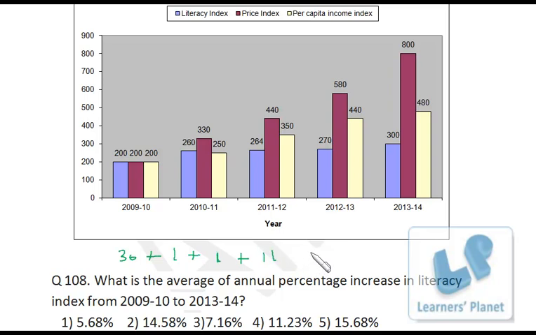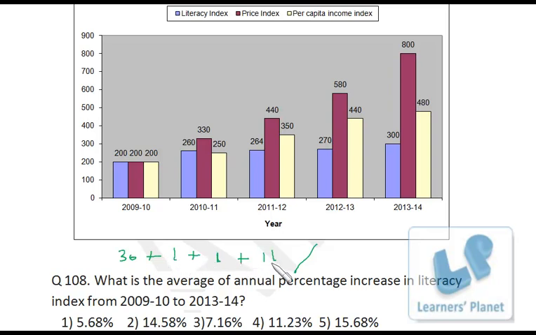So this is the total increase. Now we just have to find the average increase, so we divide this by 4. So 30, 32 and 43, around 43 divided by 4, around 11%, right? 10 point something or 11%, because we have done a lower approximation.